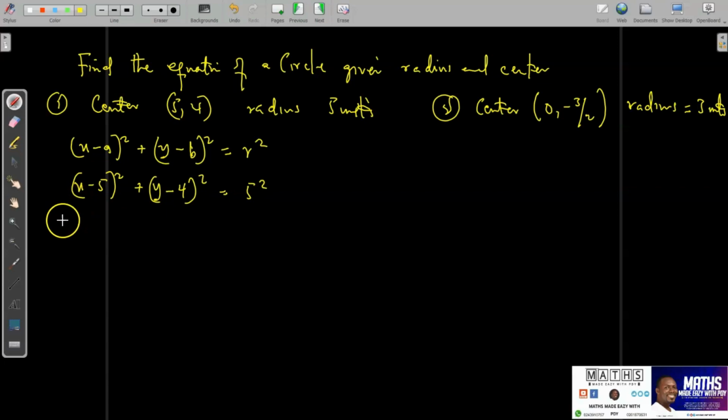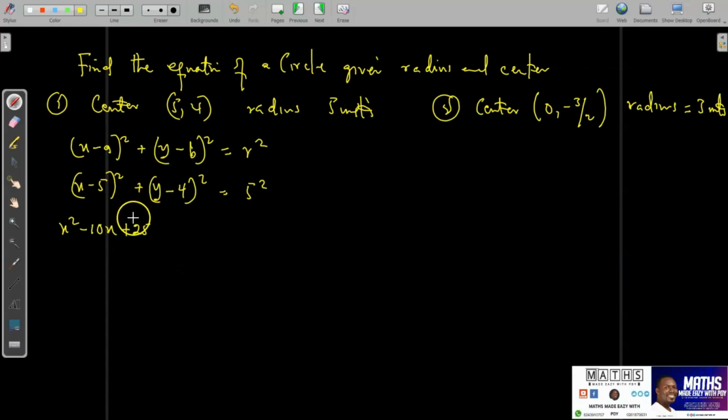This is going to give me x squared, then x times negative 5 will give me negative 5x. Negative 5 times x will give me negative 5x again. So together it gives us minus 10x. Then negative 5 times itself will give us positive 25. Are you with me? Yes, please.